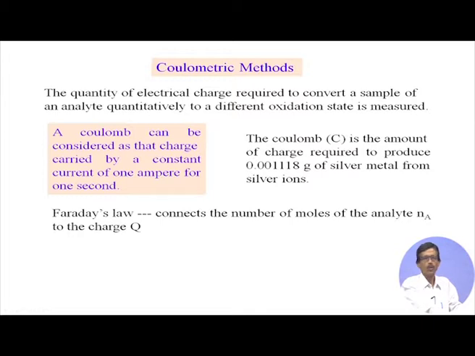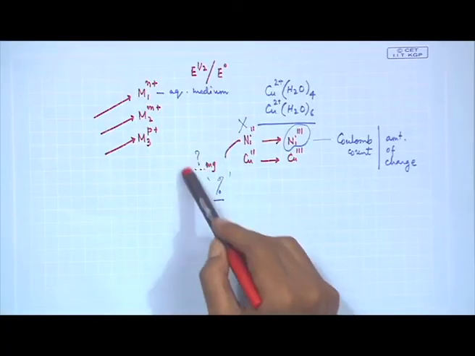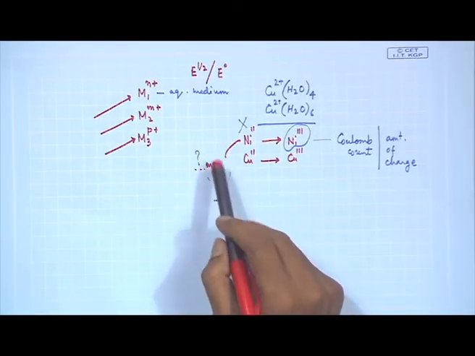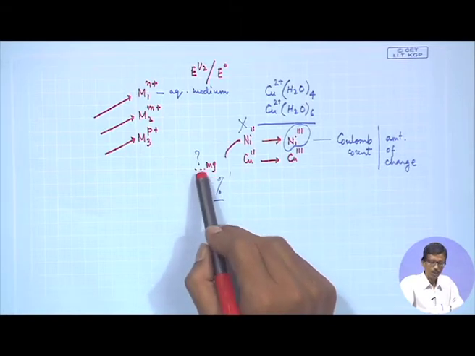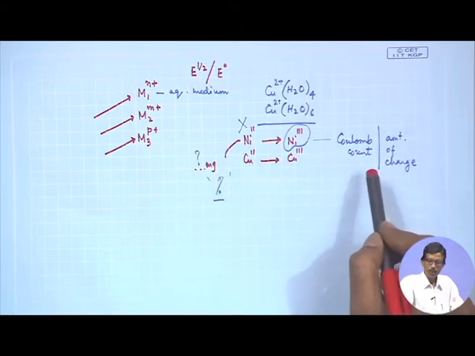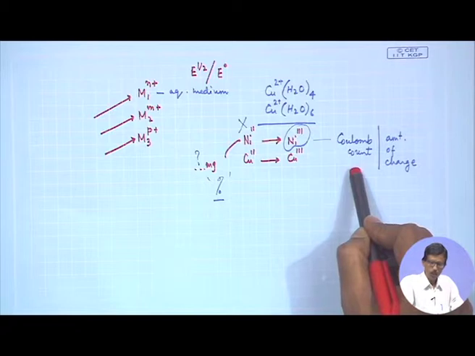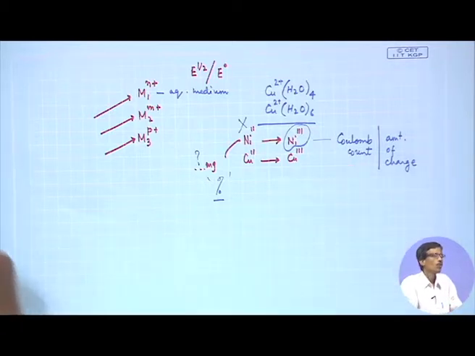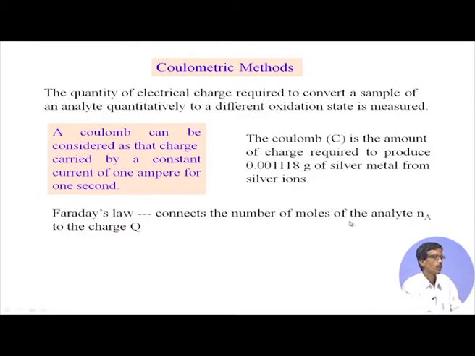Now, what we have just seen for your milligram concentration will be converted to the corresponding moles of your analyte, because this is your unknown which can be correlated to your Coulomb count for coulometric methods of analysis. So, now two things will correlate: Na, the moles of analyte, and the charge, which is Q, or C in units of Coulombs.